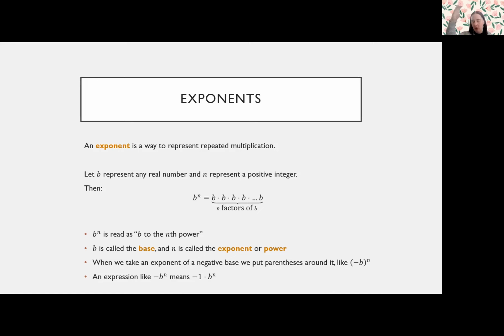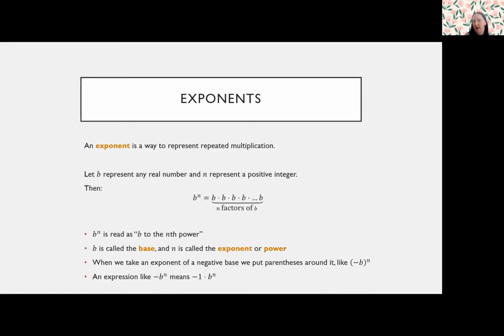The number up above, the n, is a superscript. If you're trying to figure out how to type that in Word or something, it's called a superscript because it's up above. And that is telling you how many times the number underneath is multiplied.